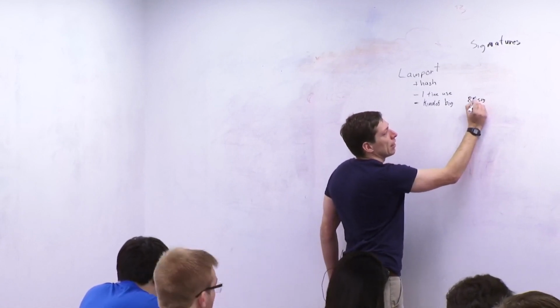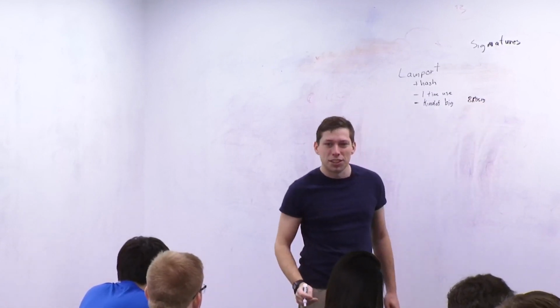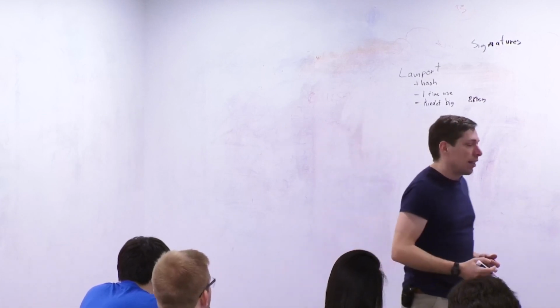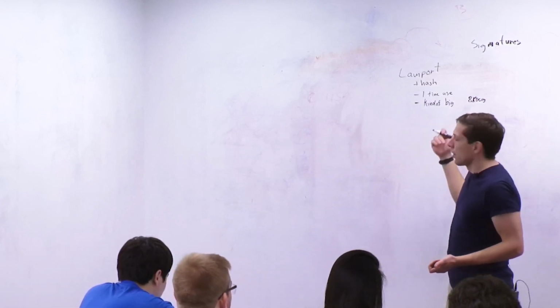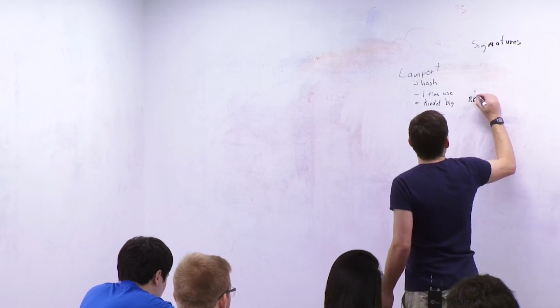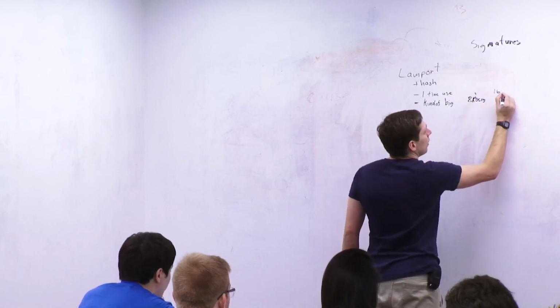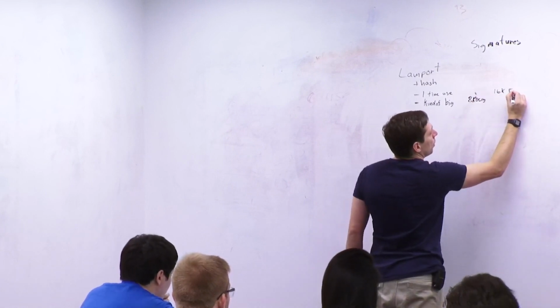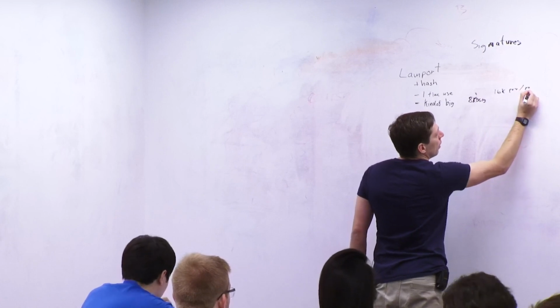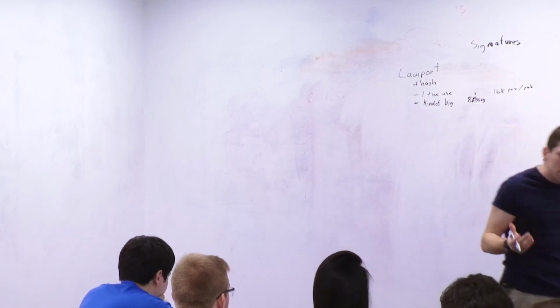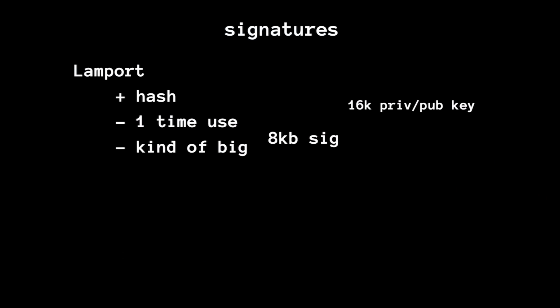Kind of big. Public keys are 16 kilobytes, kind of annoying. Private keys are also 16 kilobytes. So signature 8K, private key and public key 16K. That's some disadvantages. Since I don't have slides, I can make this sort of more fun and interactive.